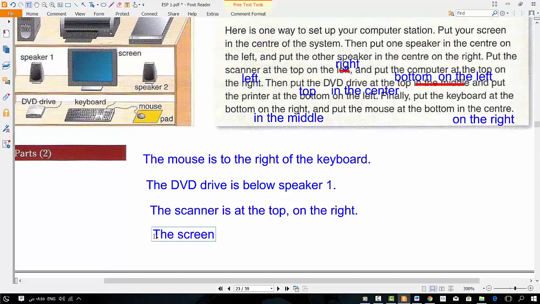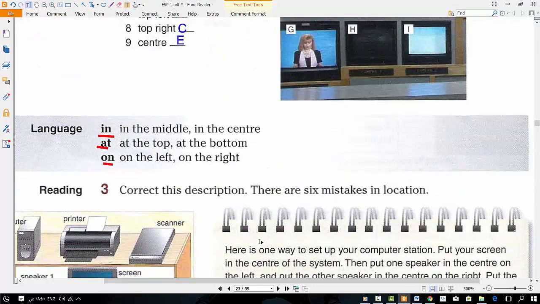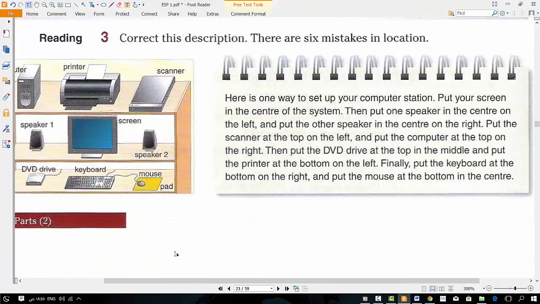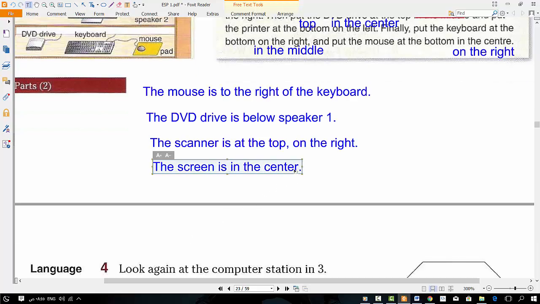The screen is in the center. You can write it like this: R-E or E-R. Both are correct.